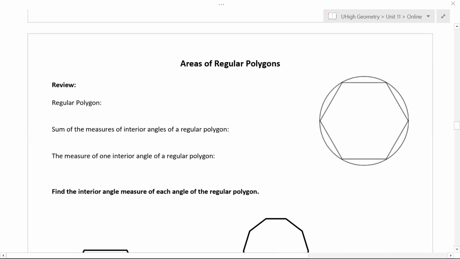The first part of the review is, what is a regular polygon? Hopefully you remember that a regular polygon is a polygon that is equiangular and equilateral.